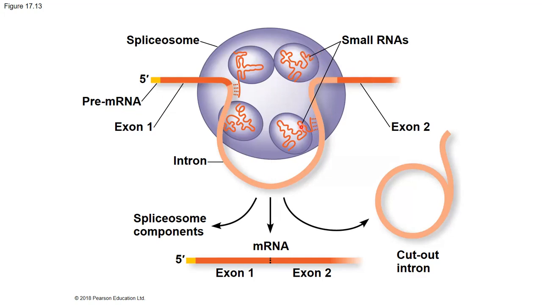Some of these RNAs behave like enzymes. They will cut the intron and join the exons like this. The intron that is cut out will eventually be degraded. All this happens inside the nucleus. Okay?